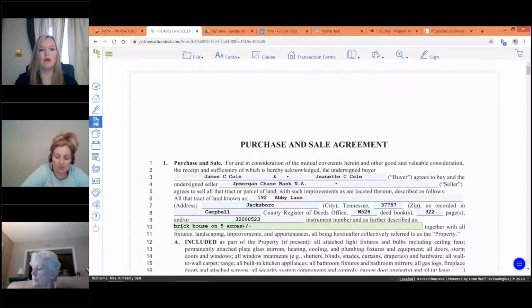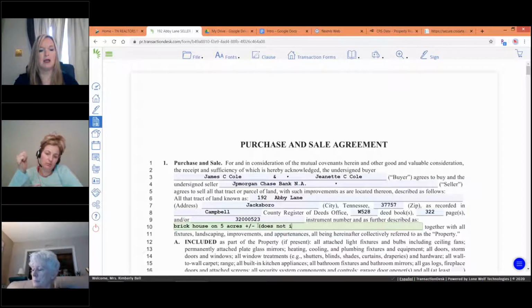The reason is because if you don't do plus or minus and it comes out to be 4.93, you don't know exactly what that survey says unless you're reading the survey. Give them a little wiggle to where we don't have to rewrite the contract. Brick house on 5 acres. Okay, and we said that there was 80 acres.